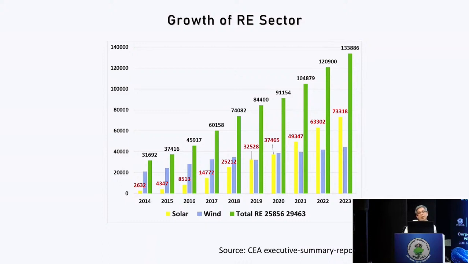So when offshore wind becomes more economically viable for our country, then we'll again see large growth in the wind sector. At present, it grew initially, but now it is more or less flat. But solar is growing at a very fast rate, again because of economics. Price is low, so solar is growing.